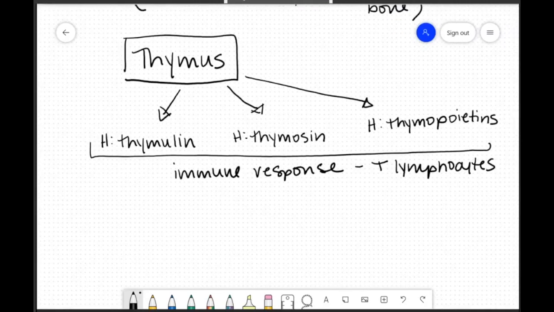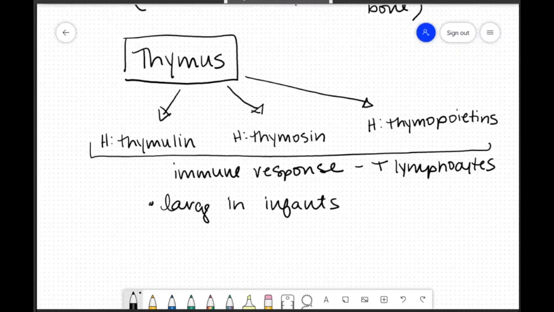What's interesting about the thymus gland, just as a fun fact, is that this is very large in infants. And if you think about it, they don't really have an immune response. So your thymus gland needs to be very, very active because it will have a lot of reactions to any kind of invaders for that first couple years of life.